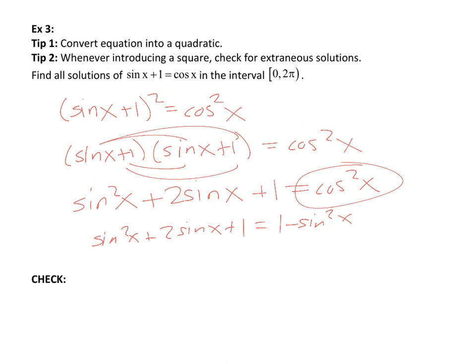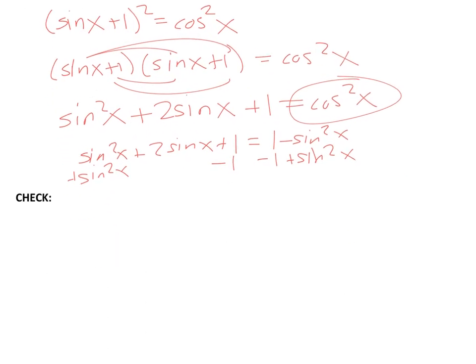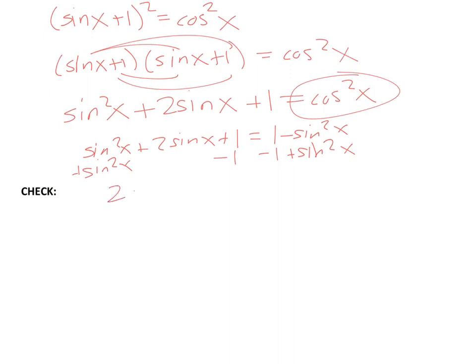Okay, and then I'm just going to bring all the terms over. Minus 1, here I'll add sine squared of x as well. Okay, so I end up with 2 sine squared x plus 2 sine x. That's equal to 0.